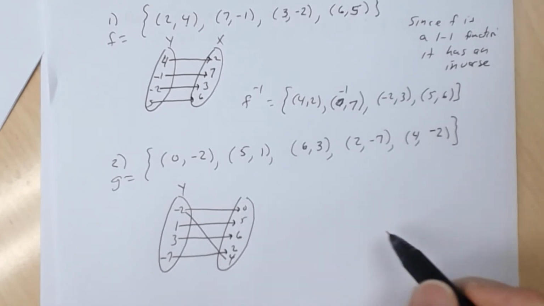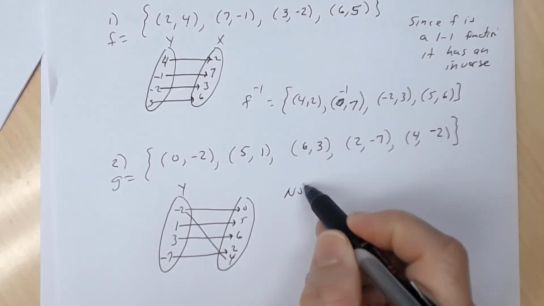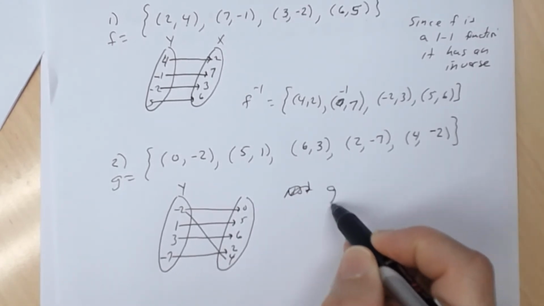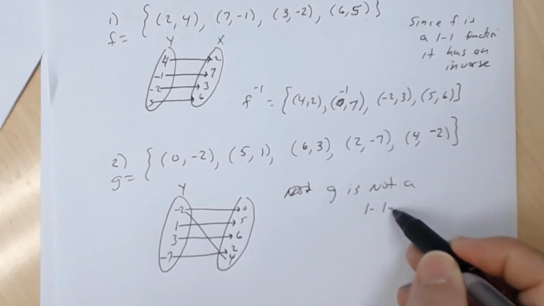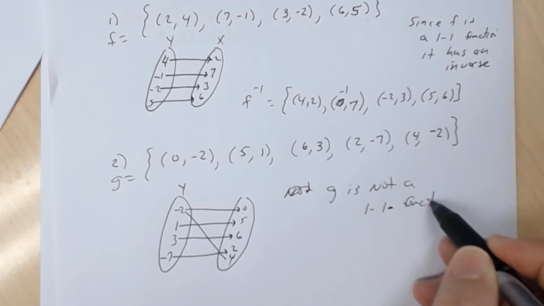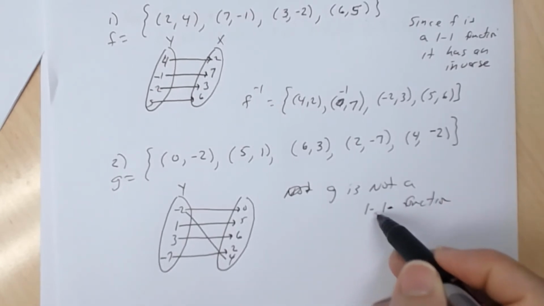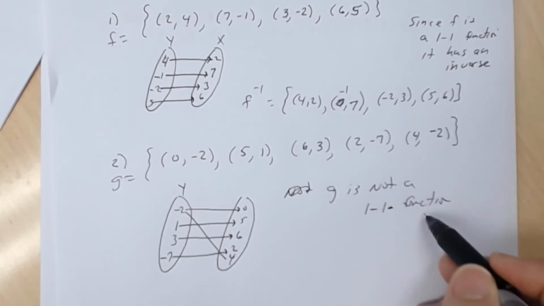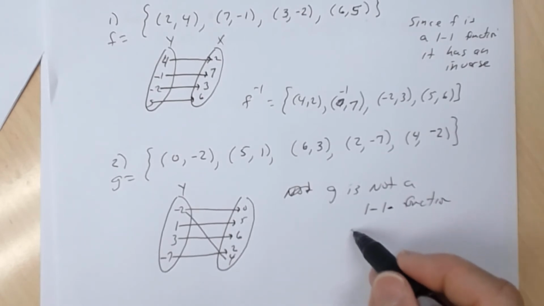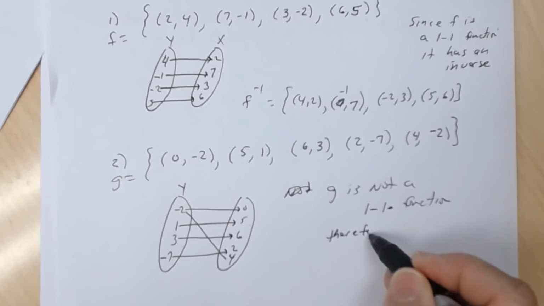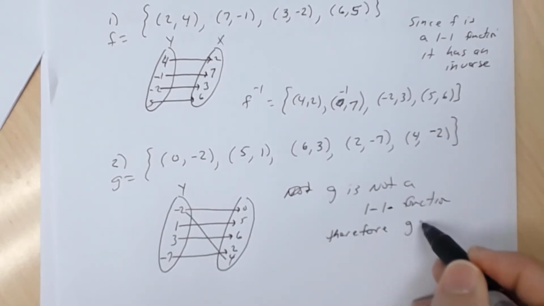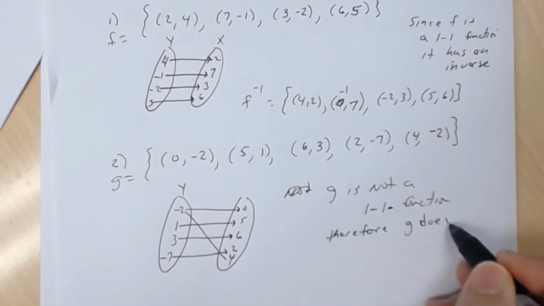And right away, you know that this is not 1 to 1. So g is not a 1 to 1 function. Therefore, g does not have an inverse.